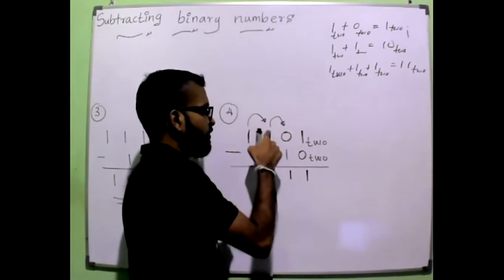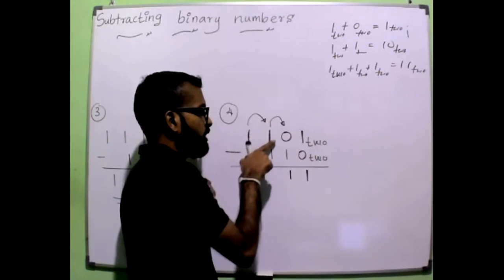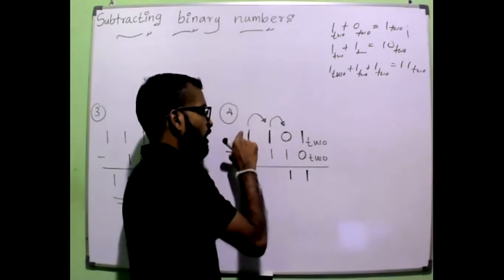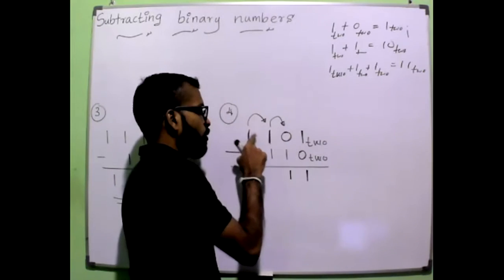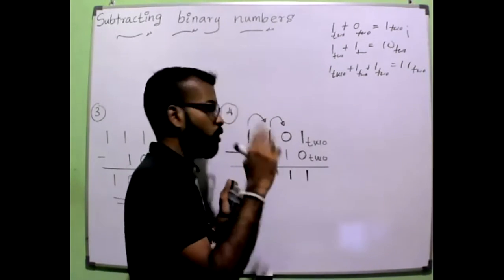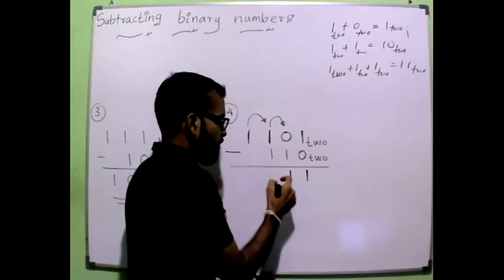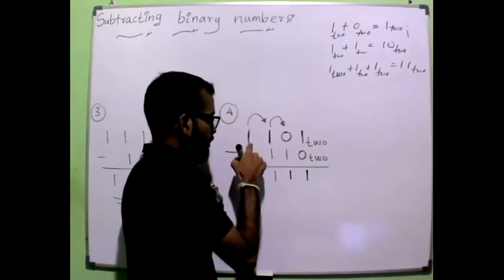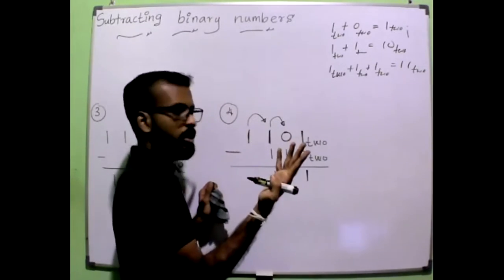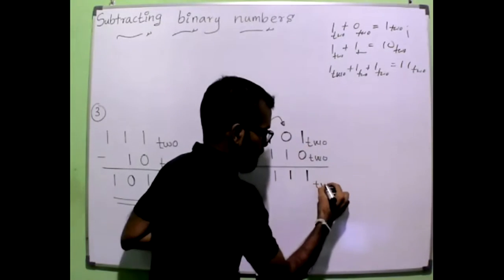Previously we had 0 in this place, and now I have taken this 1 from my left hand side, so it becomes 2. 2 minus 1, 1. Here again this becomes 0. So nothing left. So this is the answer.